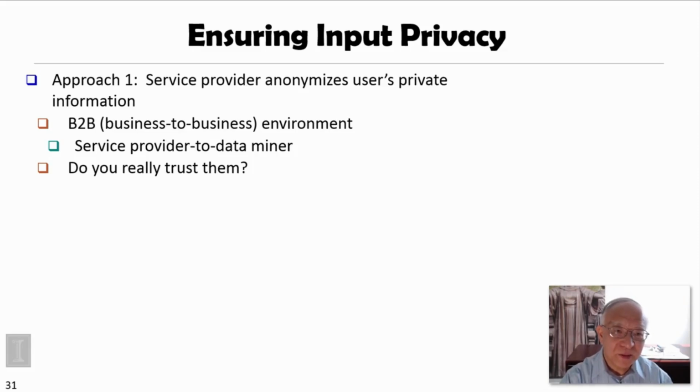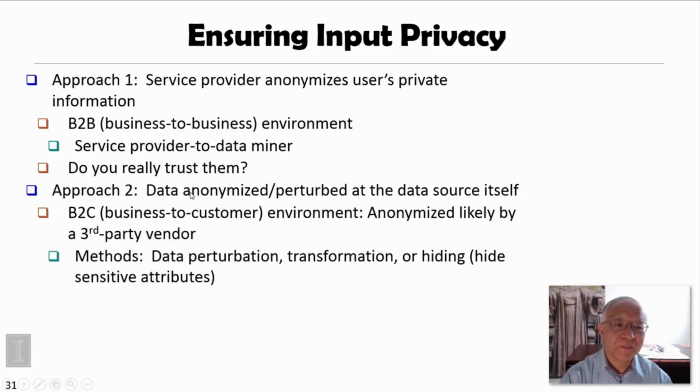Of course, this could be quite popular in regular practice, but you want more. So the second approach we call data anonymization or perturbation. That means we ensure data privacy at the owner side, at the data source side.